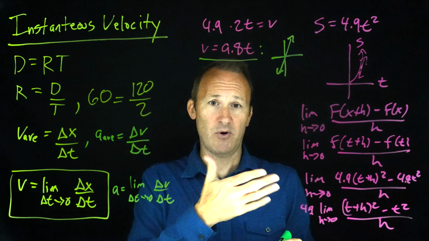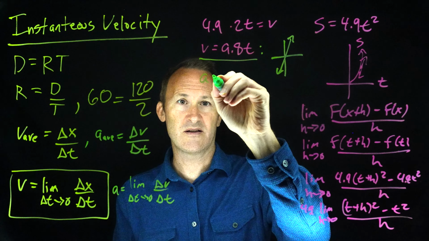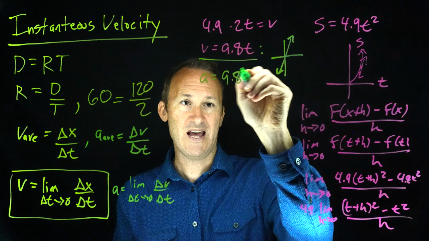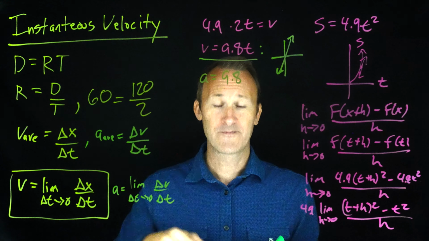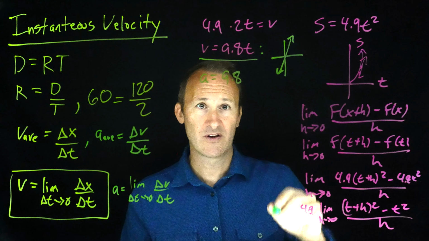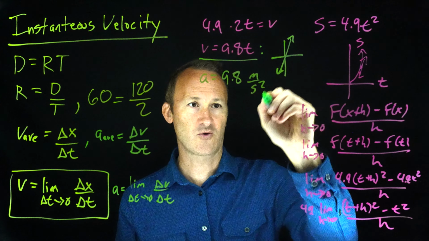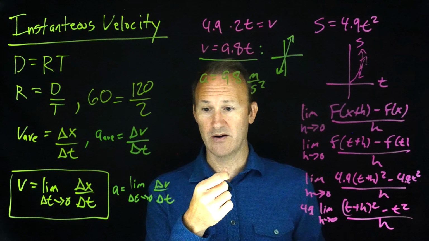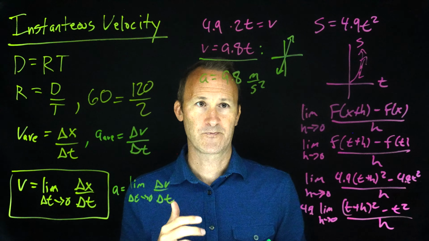Well, it's clearly 9.8. So acceleration is 9.8, and you may know that as the acceleration of the gravitational field of the Earth. It's 9.8 if you want to put in units, meters per second squared. The reason why seconds are squared here is because you're doing it twice. There's two delta t's here.